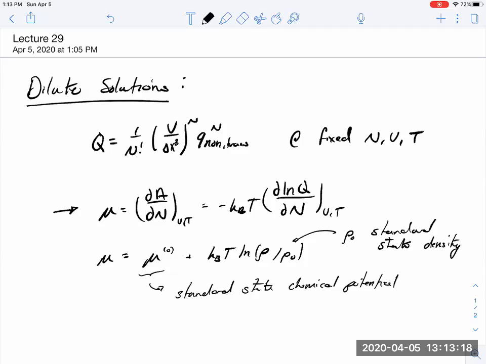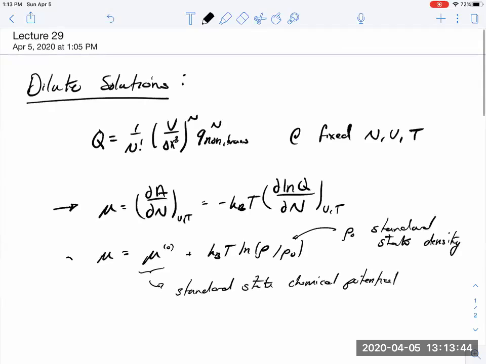This echoes very similarly the structure that we thought through when we talked about things like partial molar volumes and partial molar enthalpies. Those standard state chemical potentials are things that can be measured experimentally and tabulated, which will then provide an easy means of computing the chemical potential at a density that you actually care about.